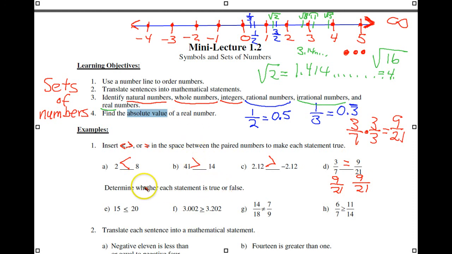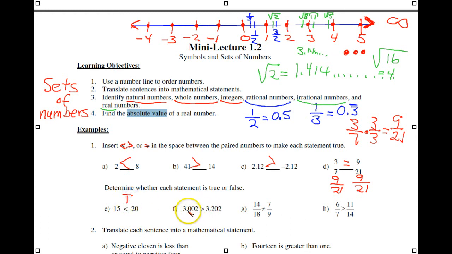And here we're asked to determine whether each statement is true or false. And again, practice reading this. You could read it silently while I read it aloud. 15 is less than or equal to 20. Well, if one part of this is true, 15 is less than 20, so this is true.